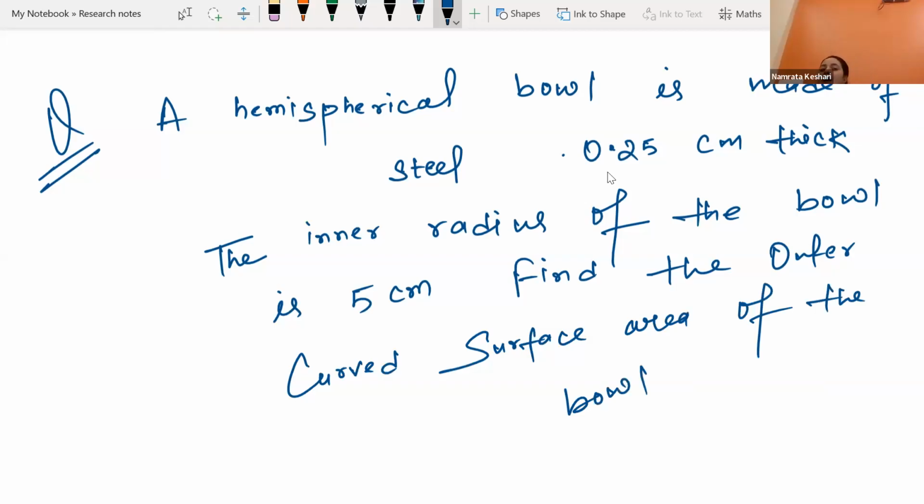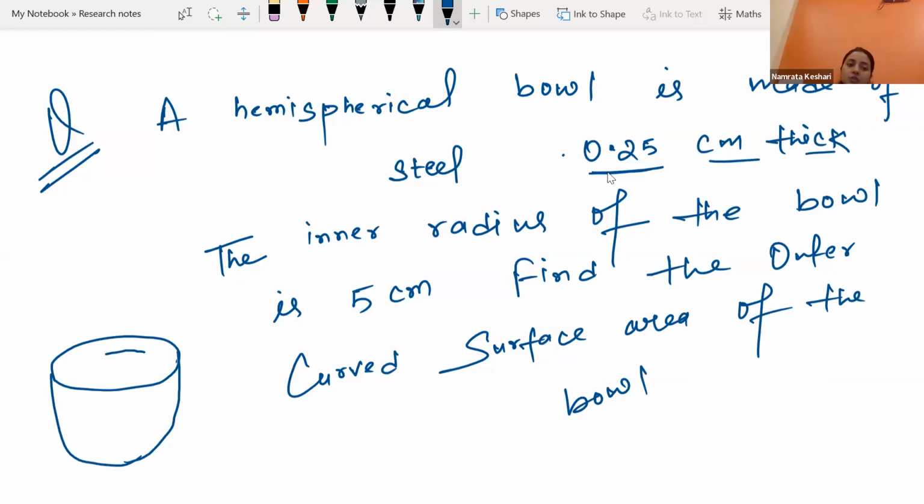Okay, we are having a hemispherical bowl which looks like this, made up of steel 0.25 centimeter thick. So this hemispherical bowl is 0.25 centimeter thick. Maybe it looks like this.